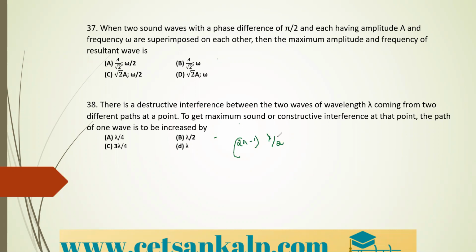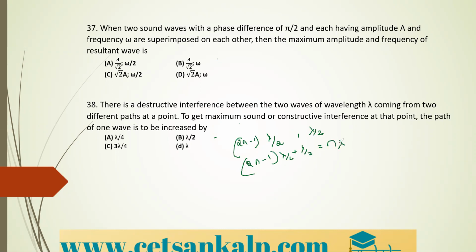Here they are saying, to get the maximum and constructive interference at the point, the path difference is increased by. Suppose it is increased by lambda by 2, the new path difference I can write as (2n minus 1) lambda by 2 plus lambda by 2, which is equal to n into lambda.